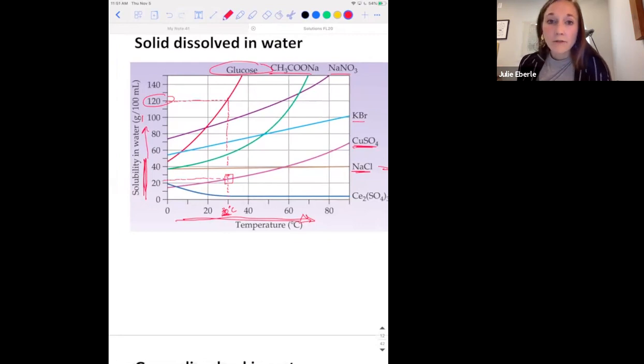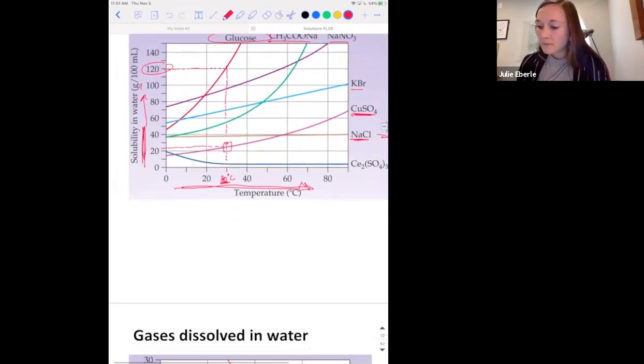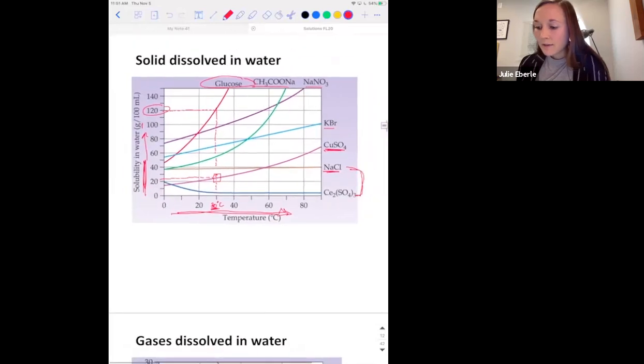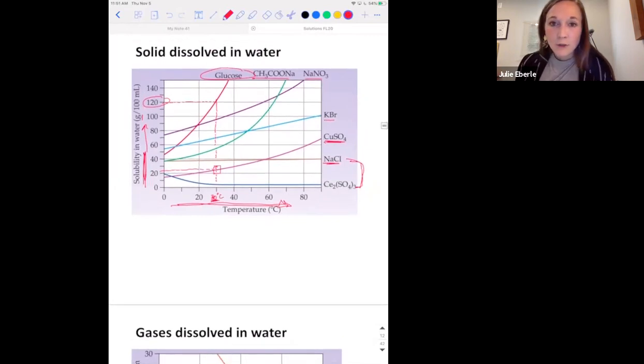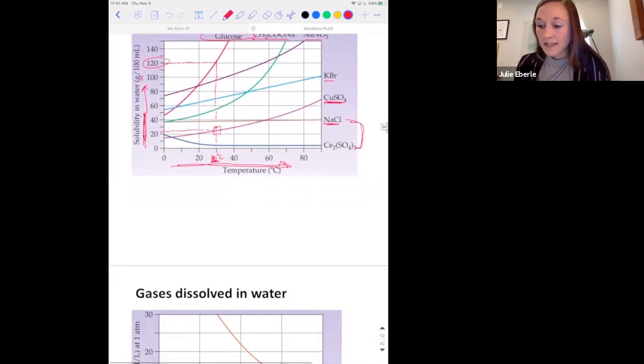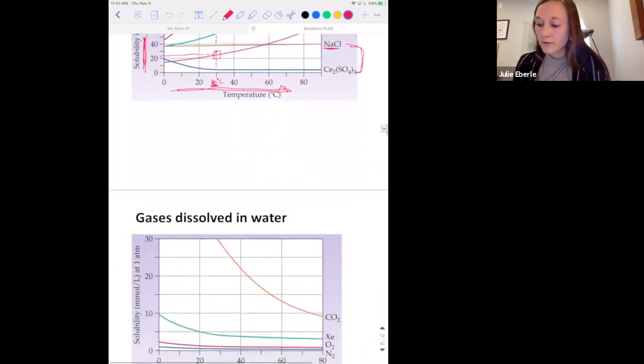Well, about 25 grams per 100 milliliters of water. Okay, so which one has a larger solubility, glucose or copper sulfate? You would say glucose. And I believe there might be a question with a graph on it for the chapter 9 homework. I'm going to have to go back and look at it. But come remind yourself of this portion of our lecture when you come to a homework question like that. And that's how you read solubility off of a graph.